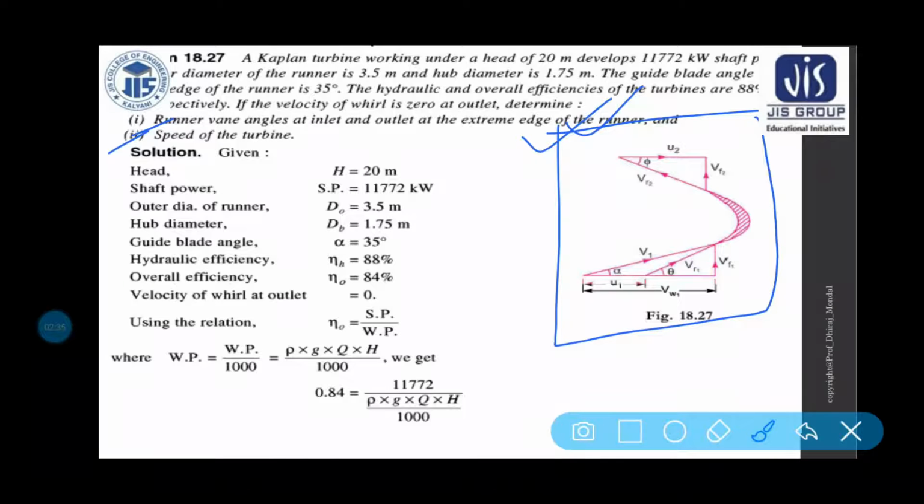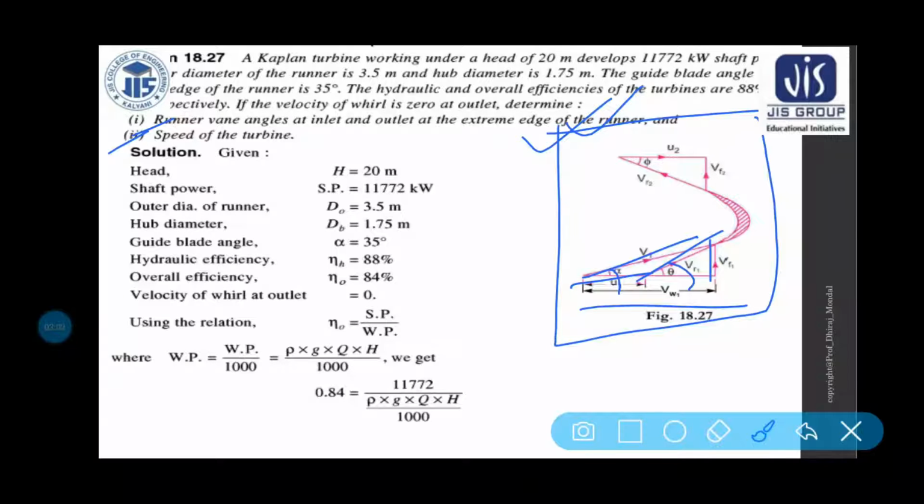Now let us discuss the back calculation. What you need to know, where we have to go, what is our destination, that will be discussed. That is the important thing, because we can't proceed blindly. Here you can see, this is your turbine at inlet: V1, VR1, Vf1. This one is your U1, this is your Vw1, this is your alpha, this is your theta.